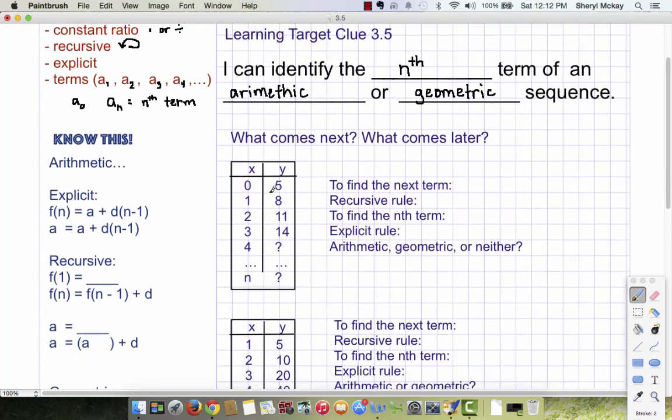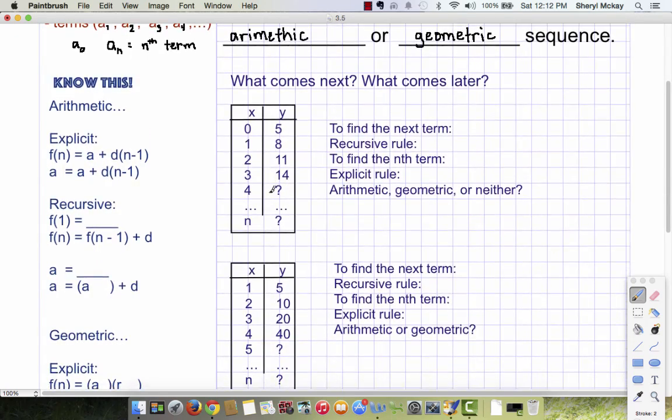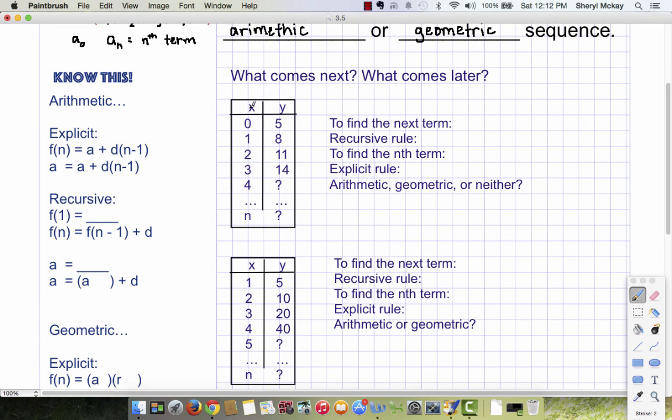What comes next? What comes later? Take a look at this sequence. We've got x, which is going to be our terms, and y, which is going to be our function or our value of each term. And notice that this one has a 0 term where x sub 0 or a sub 0 is this one.